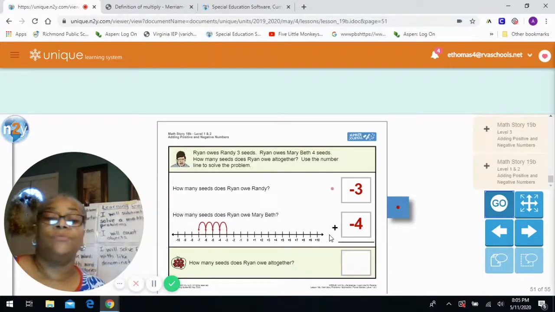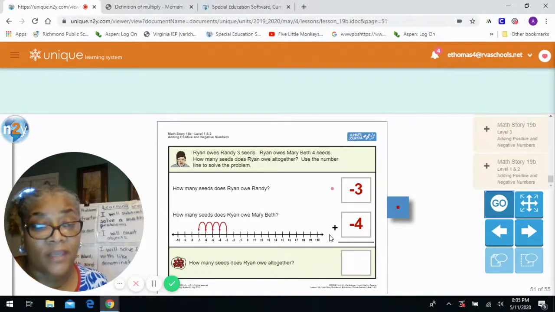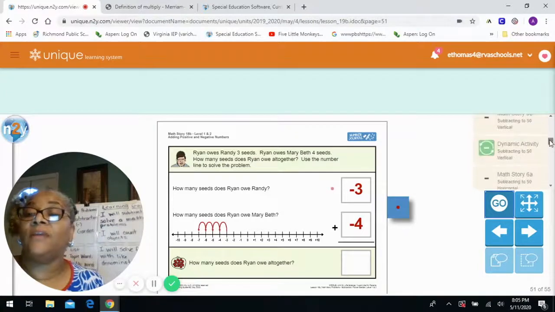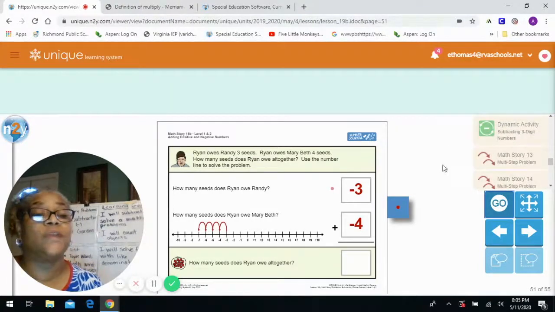Alrighty, when we're adding like denominators, if it's the same, you keep your denominator in your answer and you follow the operation of the numerators, whether you're adding or subtracting. Alrighty, and as always, use your counters or use your calculator.